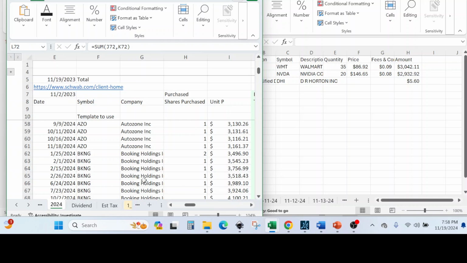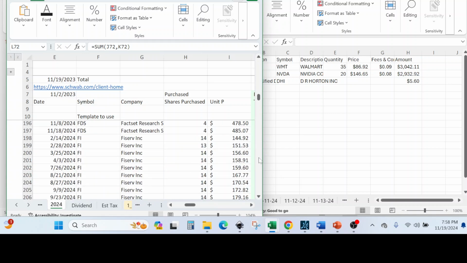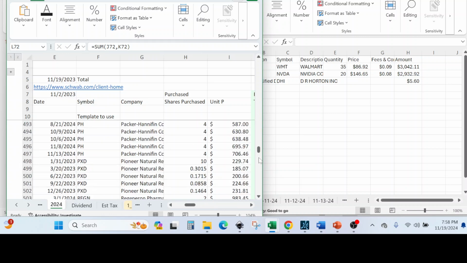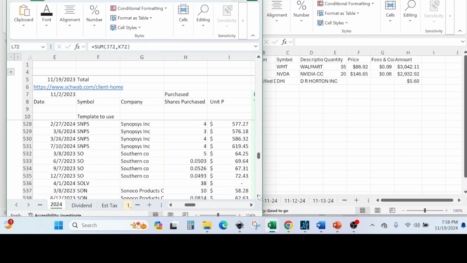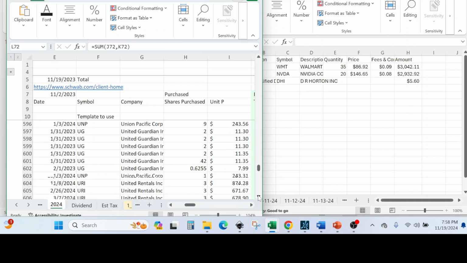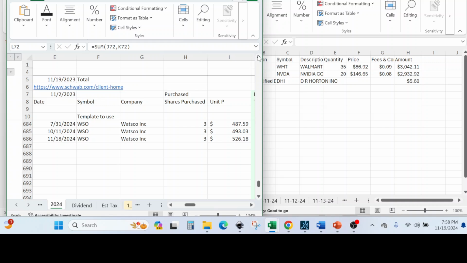So we have our stocks organized alphabetically based on the symbol. So we'll follow that and go way to the W. And we are in the sales section of the spreadsheet.